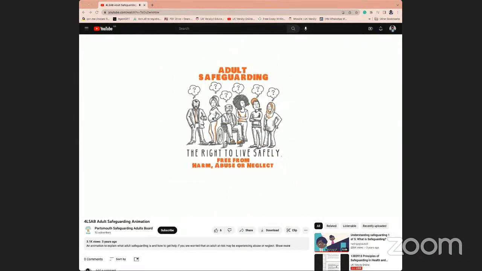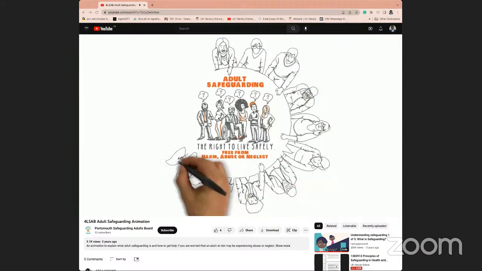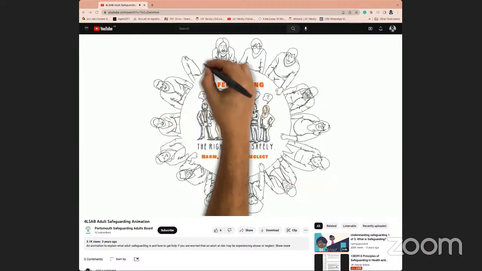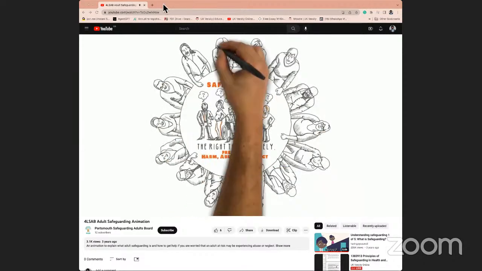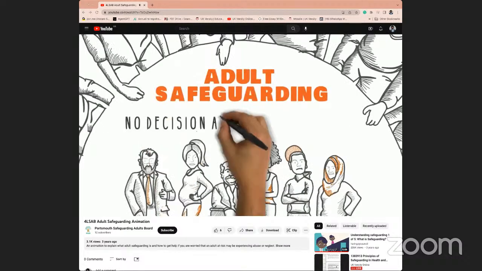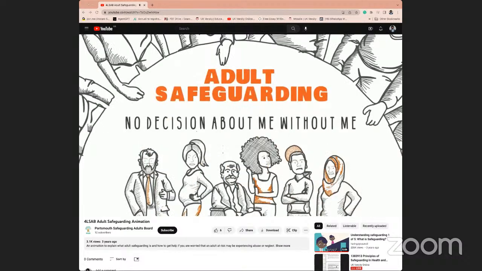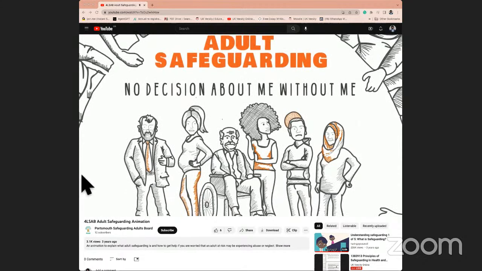Keeping adults safe is everyone's business. It's a team effort, working with the person in the centre being supported to work out what's important to them. Harm, abuse, or neglect can happen to anyone. It can be caused by people we know or by complete strangers. It can happen at home or away from home.